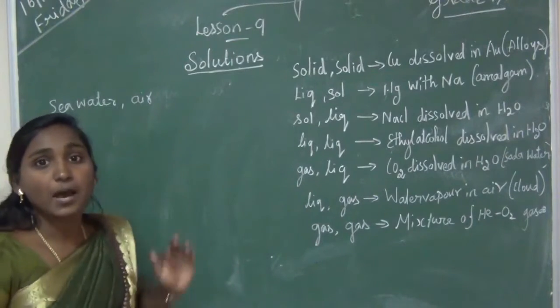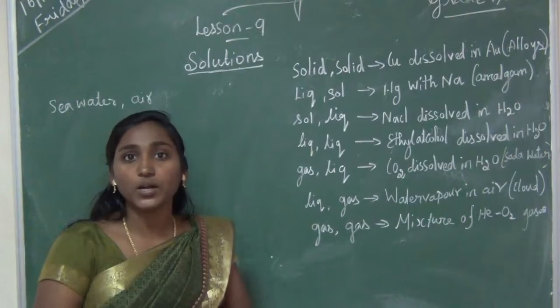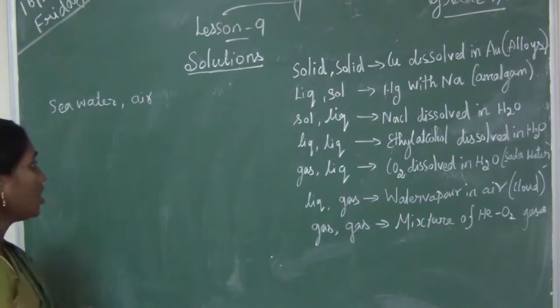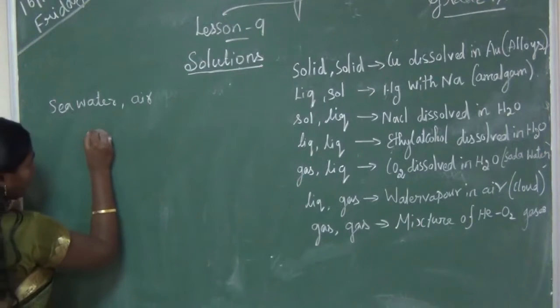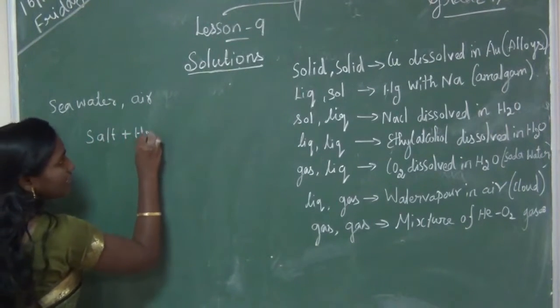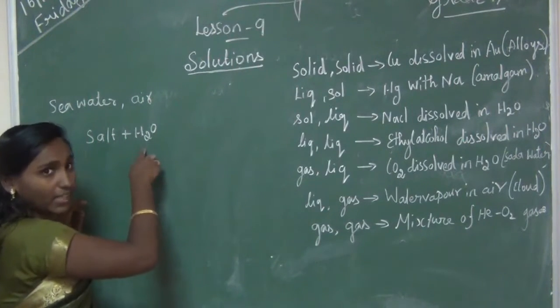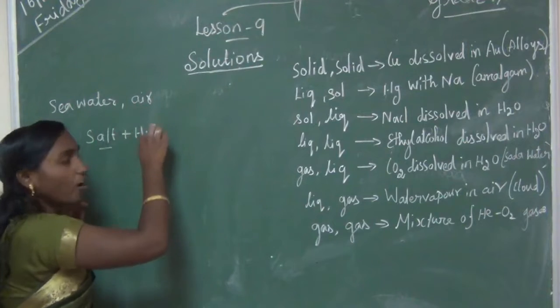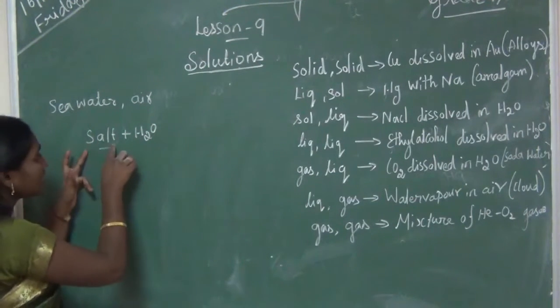Some mixtures can be easily separated, but some cannot. For example, let us consider salt and water. When we dissolve salt in water, the salt is uniformly distributed in the water. Here the salt is the solute.